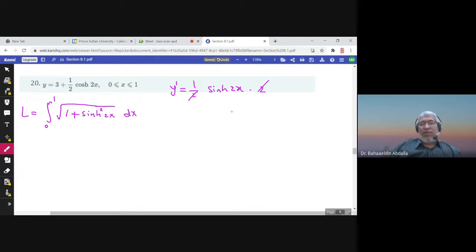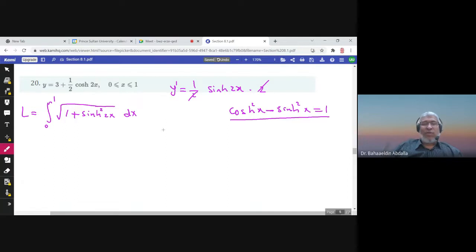Well, there is a formula in the hyperbolic functions that says cos square of x minus sinh square of x equals 1. So if you take sinh square to the other side, 1 plus sinh square will give you cos square.